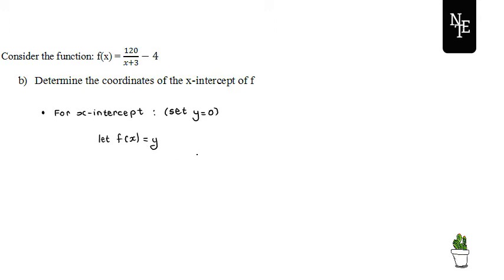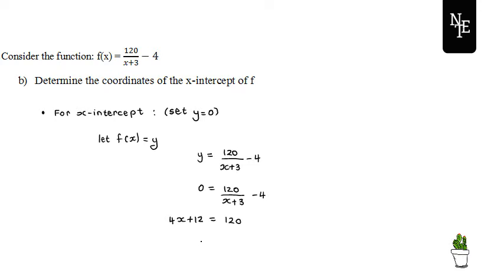So then from there we have that y is equals to 120 divided by x plus 3 minus 4. We're now going to set y equal to 0, and that's going to be equals to 120 divided by x plus 3 minus 4. So then we can add 4 to both sides, and then also simultaneously multiply by this denominator. So then we'll have 4x plus 12, and that's going to be equals to 120.